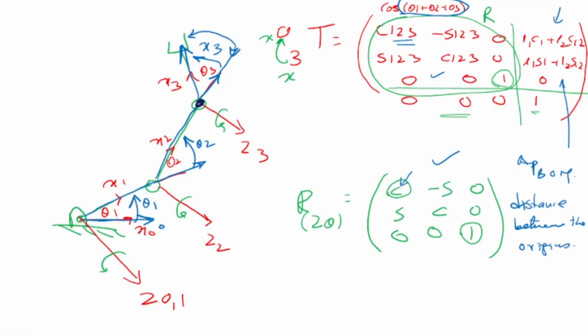That's my third origin, the black color. Where is the zero origin? It's here. So if this is my x-axis, x0, this is my y-axis, y0, and this is my z, z0. In this axis system, if I see the distance of the origin of 3 with respect to the origin of 0, what is the distance in the x direction?